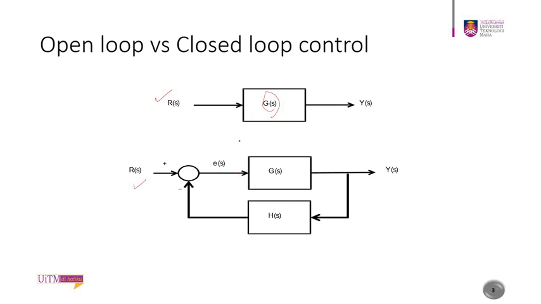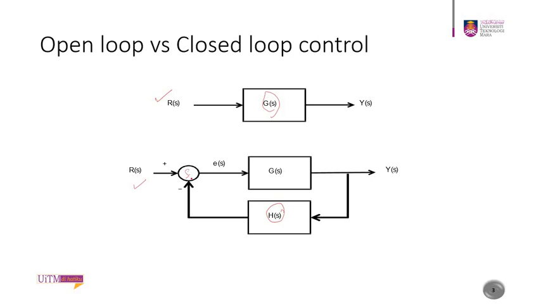And block H represents the gain of the sensor, the transducer, or the measurement system in the feedback path, a different direction from the open loop gain. So here you have the summing point.